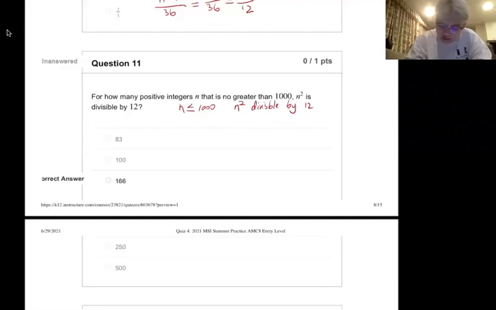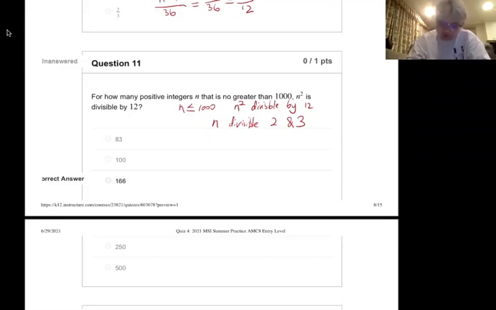In order for n squared to be divisible by 12, n needs to be divisible by 2 and 3, because 12 has the prime factors 2 and 3.